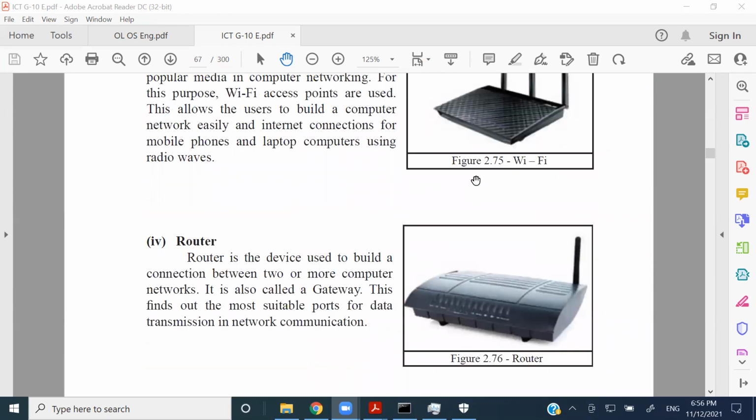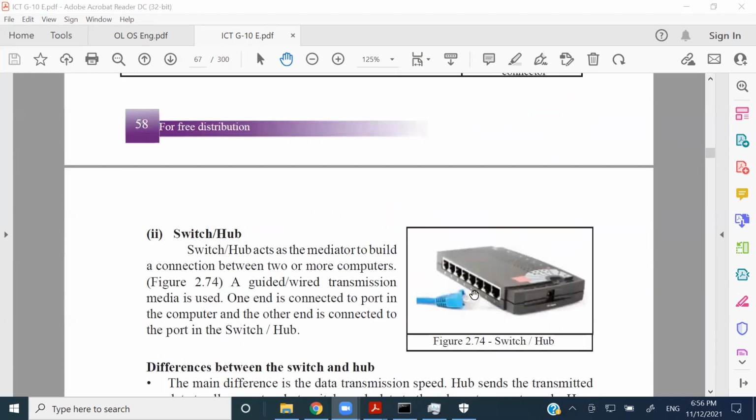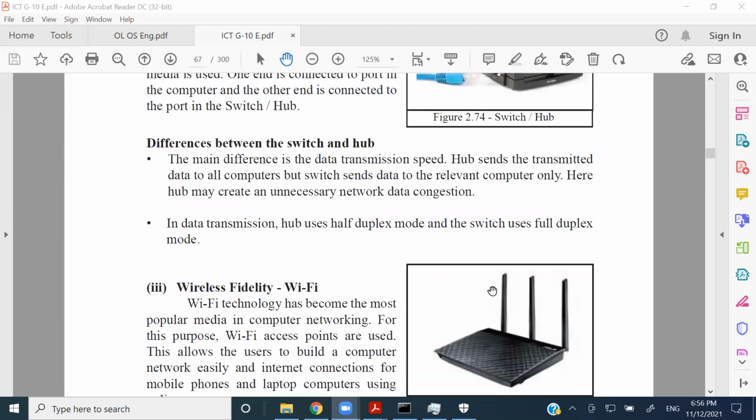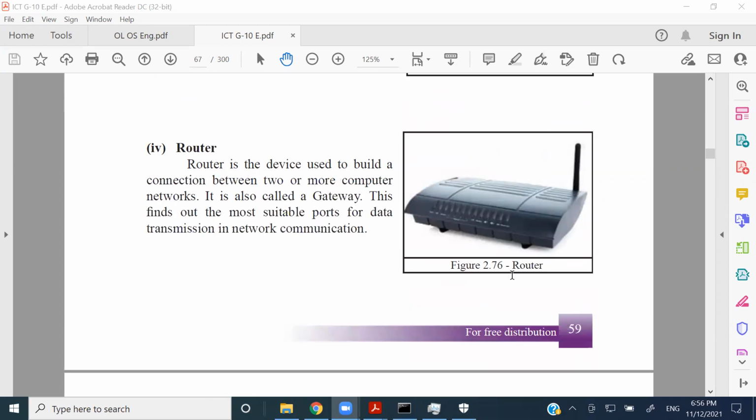A Wi-Fi access point or a router. Some routers have this many ports to do the switching function, so you can have the switching facility through the router. But specifically, the router is there to connect to the internet.